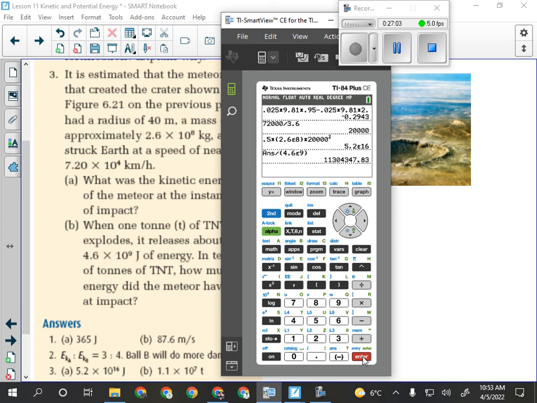To give you perspective, the atomic bombs that were dropped on Hiroshima and Nagasaki at the end of World War II were 1 kiloton each. They had the explosive yield of 1,000 tons of TNT. This is 11 million tons of TNT.